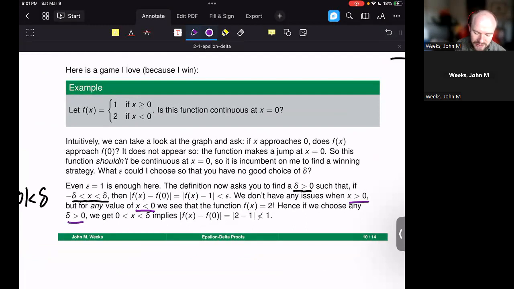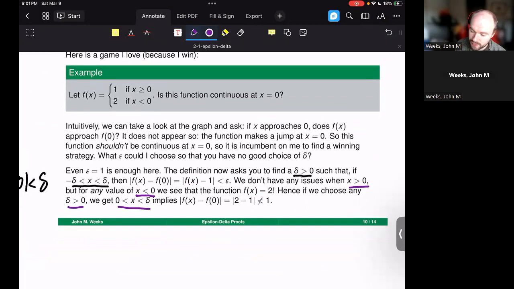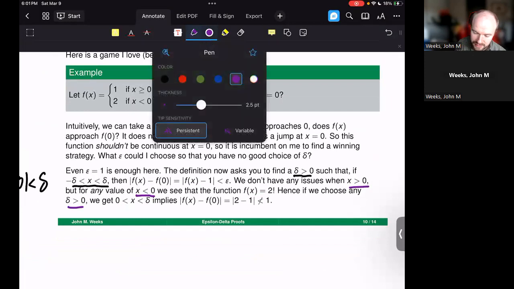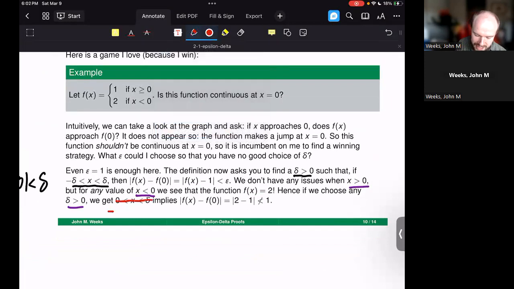So for any value delta greater than 0, anything here with, oops, I should have flipped this, should have written instead, negative delta is less than x is less than 0, this implies that the distance between f of x and f of 0 is the distance between 2 minus 1. And that is not less than 1. So that fails our definition of continuity.